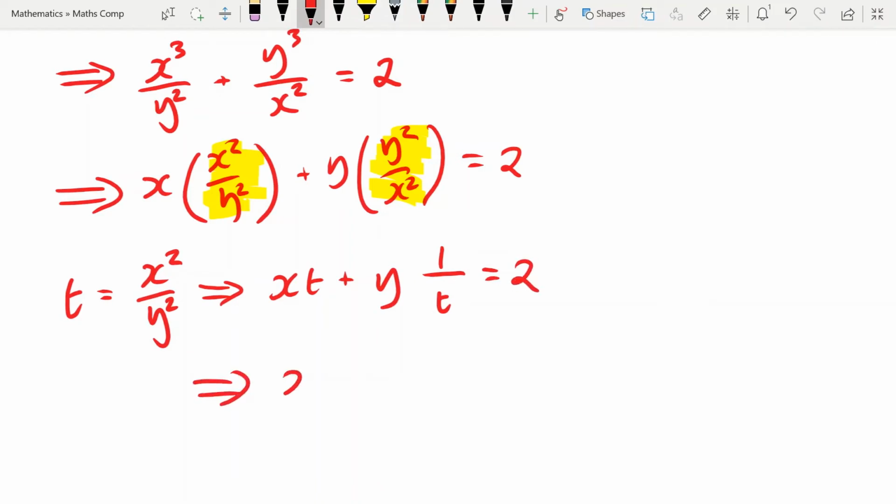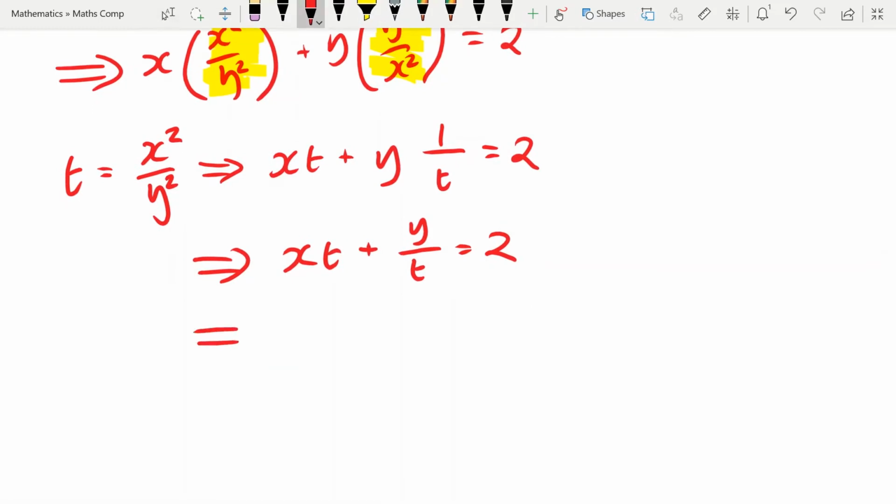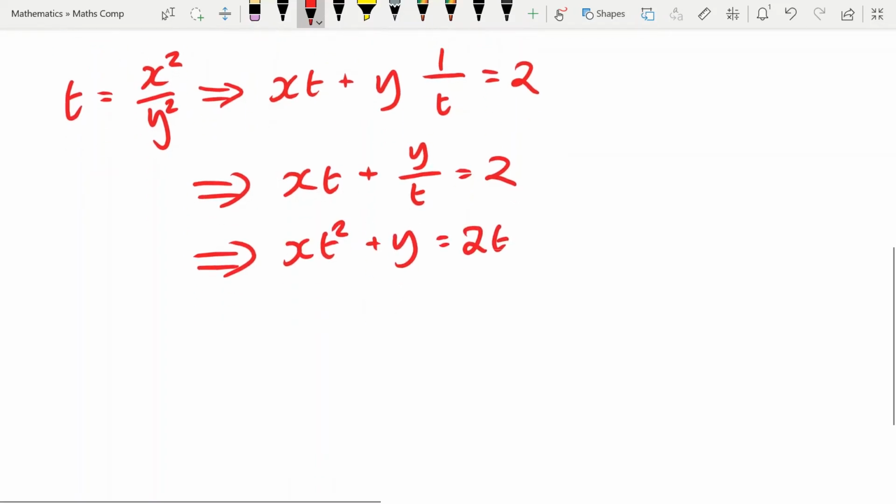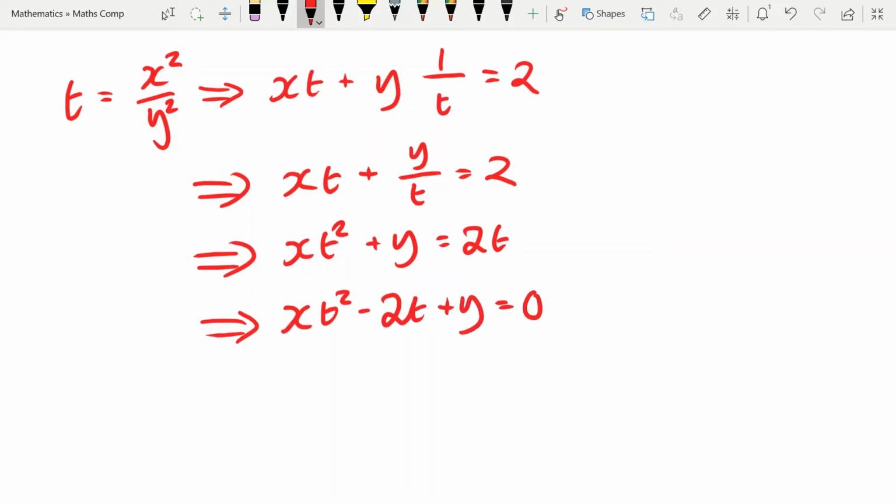You can multiply both sides out by t to get the following equation: xt squared plus y equals 2t. Now you've got a quadratic in t. So if we rearrange this quadratic: xt squared minus 2t plus y equals 0.